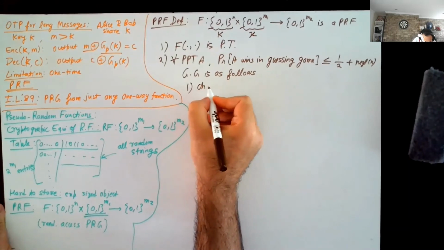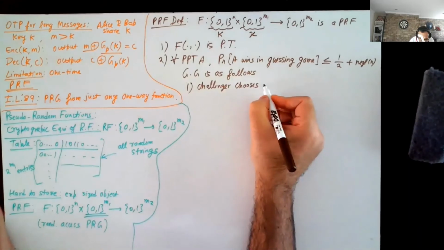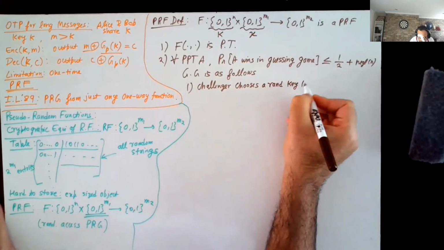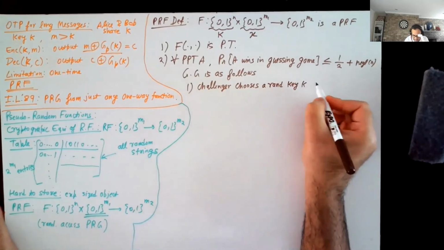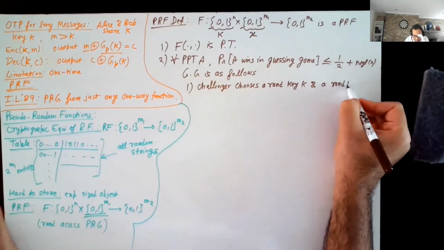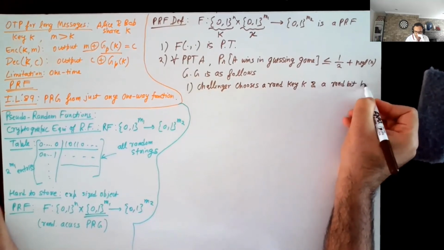There is a random key K and a random bit B.